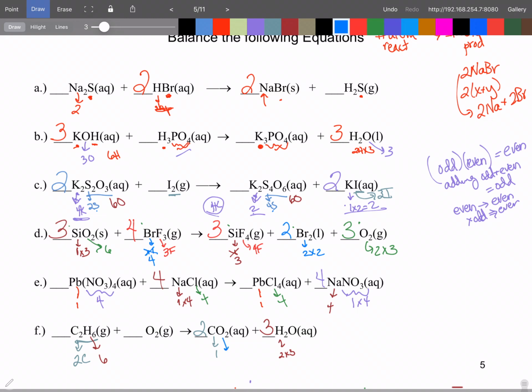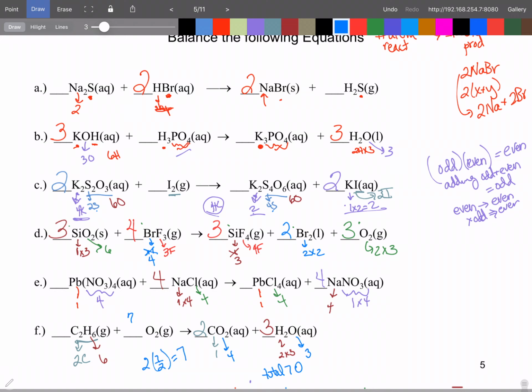We have 4 oxygens here, and we have 3 oxygens here. So we have a total of 7 oxygens. So if we look at it, what would we need to multiply 2 by to get 7? So if we multiply 2 by 7 halves, then that would give us 7, right?